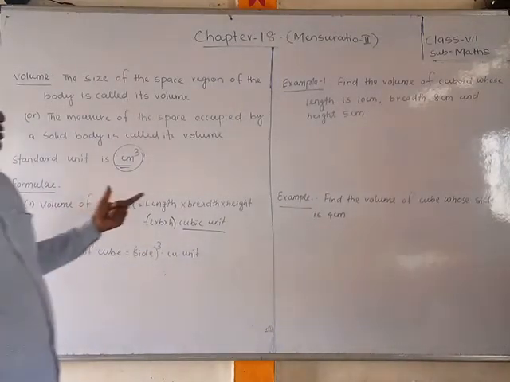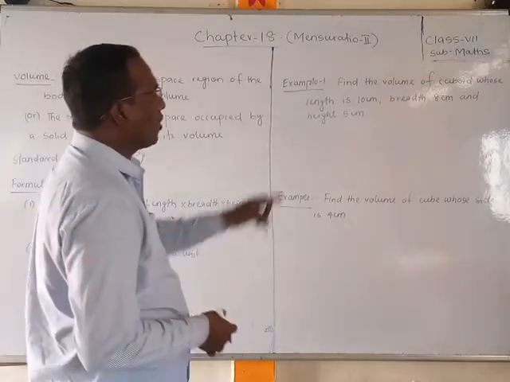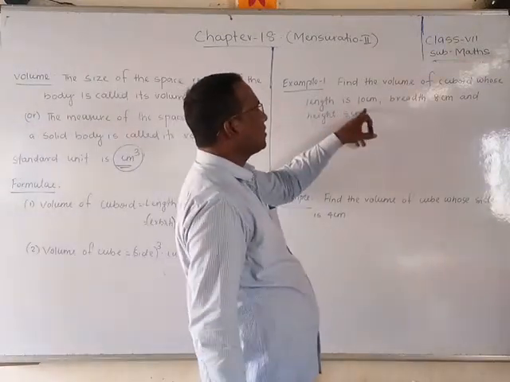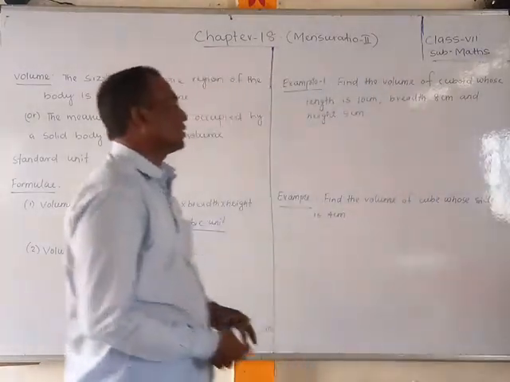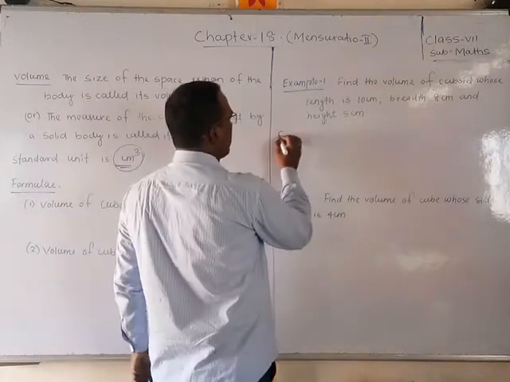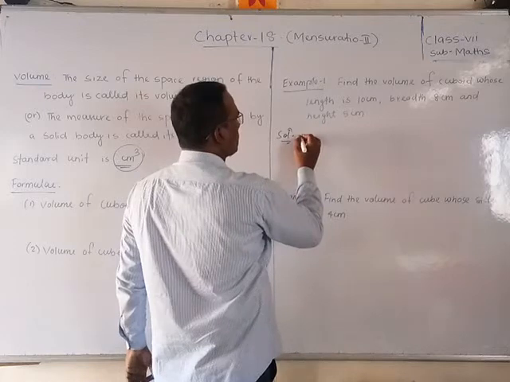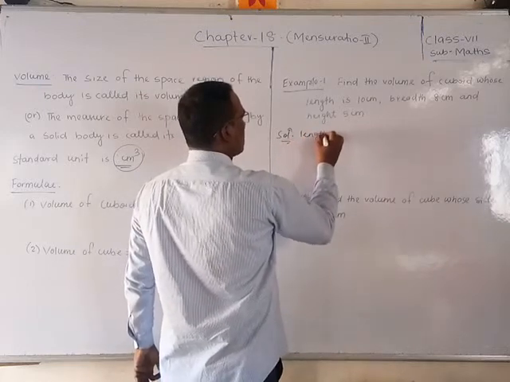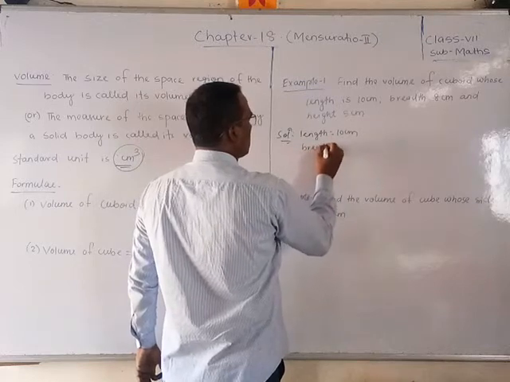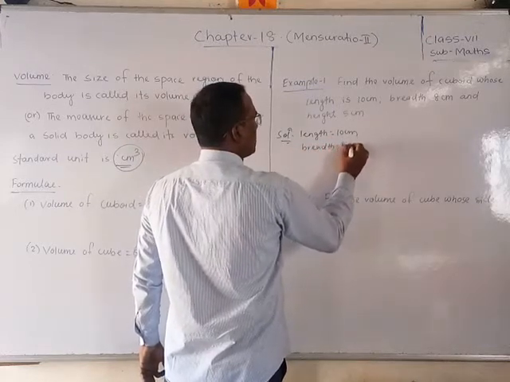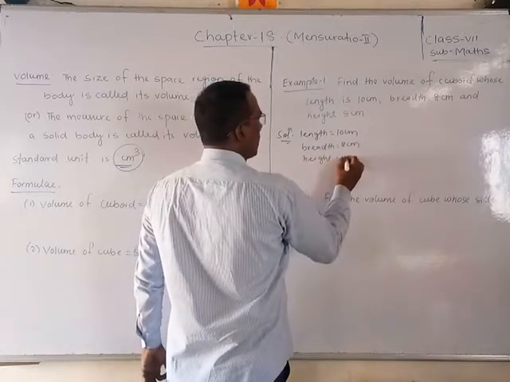Now we will do some problems regarding this. The first question: find the volume of the cuboid whose length is 10 cm, breadth is 8 cm and height is 5 cm. The solution: it is a cuboid, as given. The length is equal to 10 cm, the breadth is equal to 8 cm and the height is equal to 5 cm.